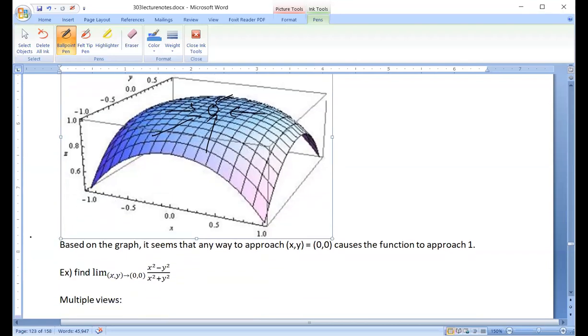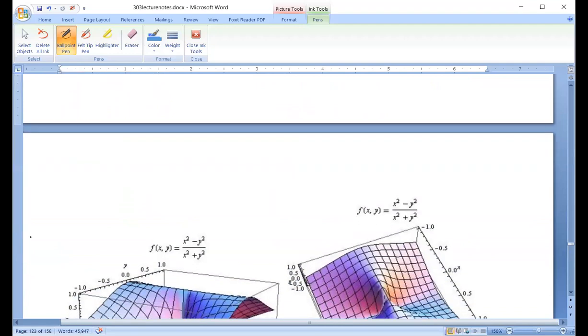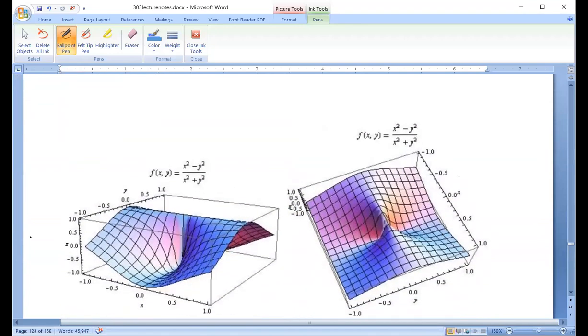The other graph next. So our next one was limit as (x, y) goes to (0, 0) of x squared minus y squared over x squared plus y squared. So I'm going to show you the graph. This graph is going to be funky, so we've got multiple views. So yeah, this graph is bananas.